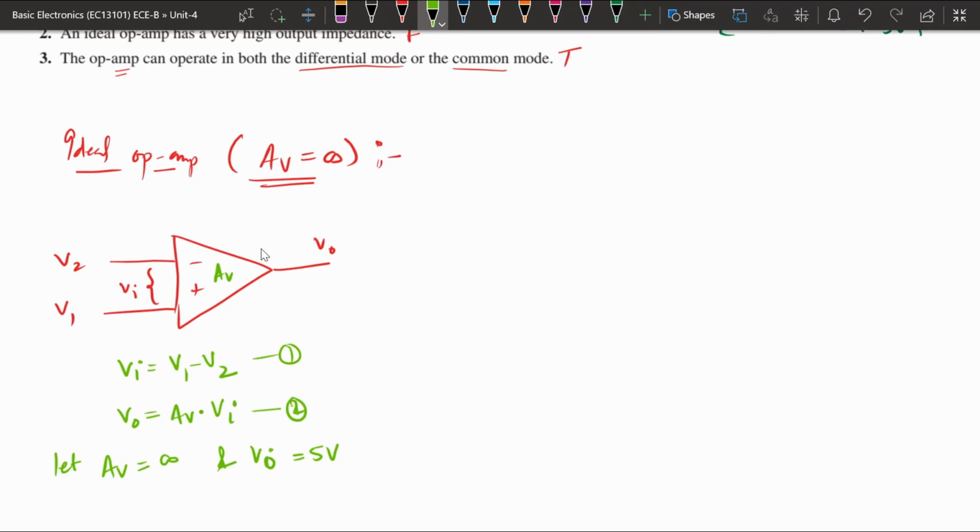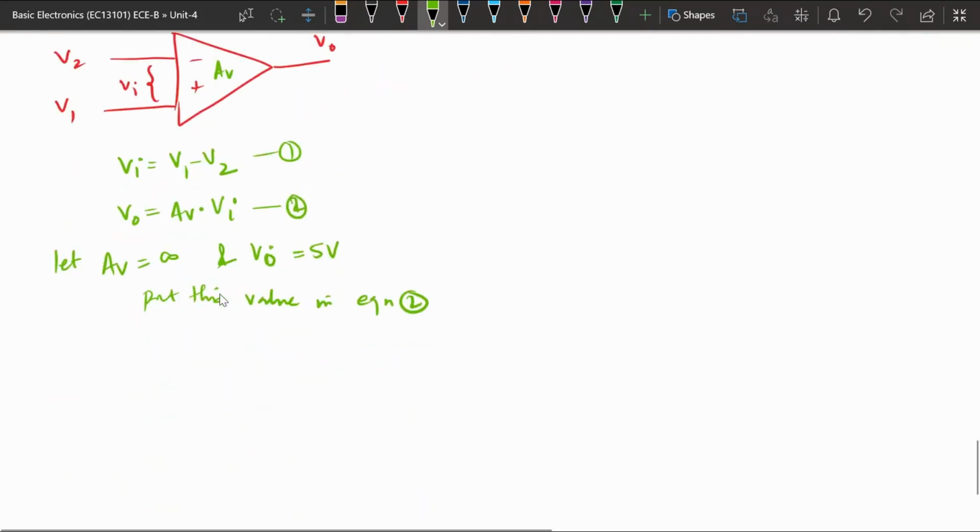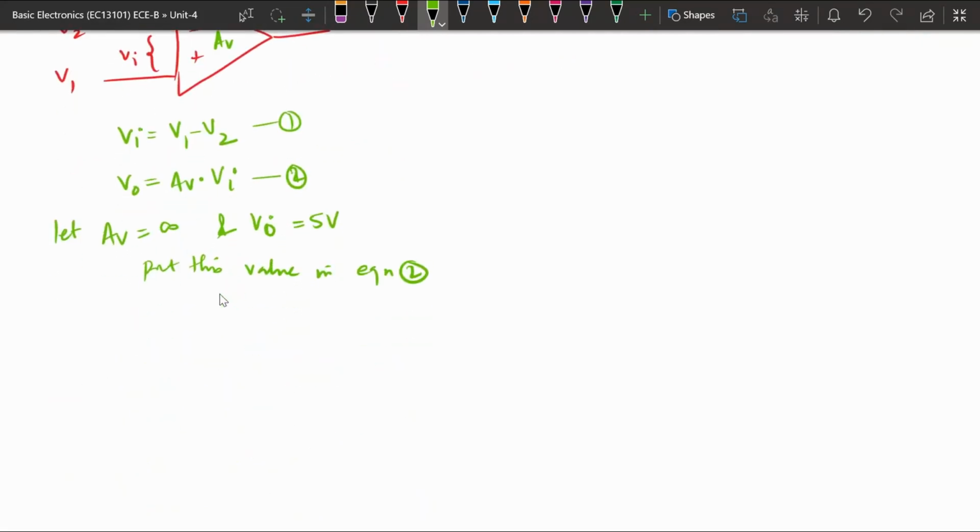V output is 5 volt and AV is infinity, so V input will be 5 divided by infinity, which is equal to 0.